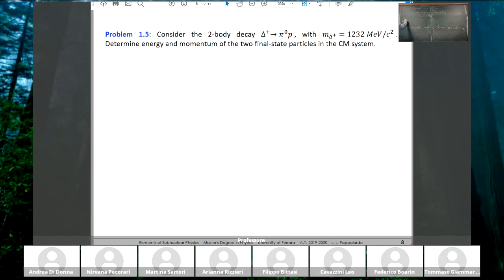So the proton energy in the center of mass will be s minus the mass squared of the pi0 plus the mass squared of the proton, divided by twice the square root of s. That is, the mass squared of the delta plus minus the mass squared of the pi0 plus the mass squared of the proton, divided by twice the mass of the delta plus.